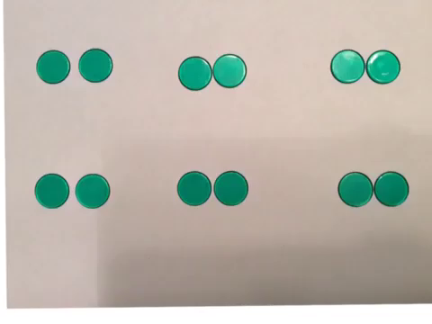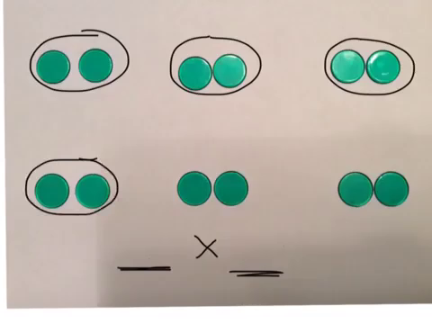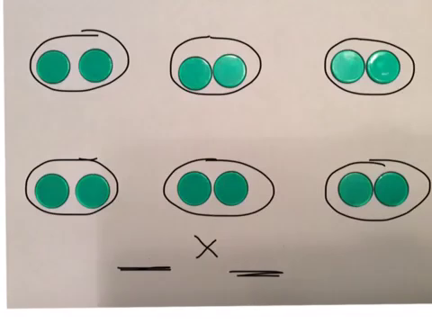What multiplication problem do you think this picture represents? Remember, think about how many groups there are and how many are in each group. Let's check. We have 1, 2, 3, 4, 5, 6 equal groups.